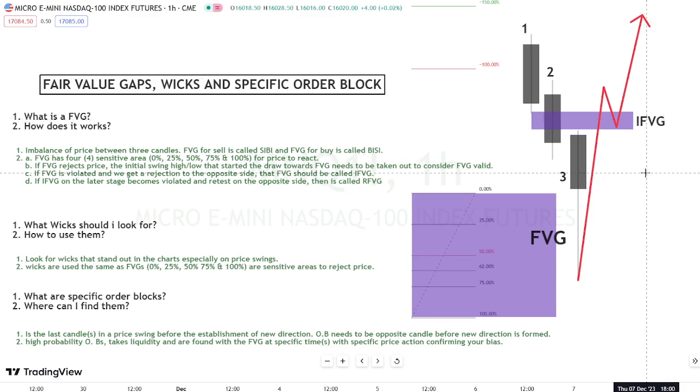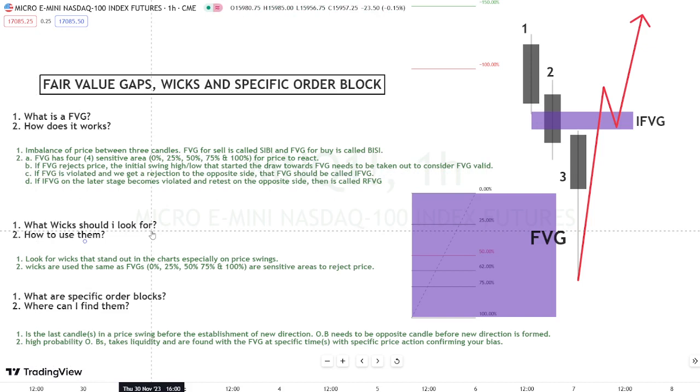That's what invasion fair value gap means, guys. After seeing the practical videos, you need to come back here. This is where you obtain your foundation, because you need to know the science of whatever model you are trading.